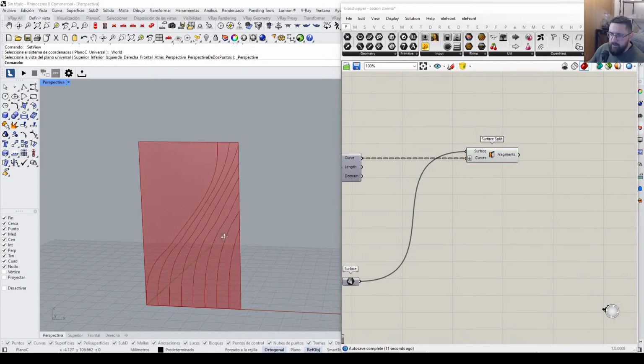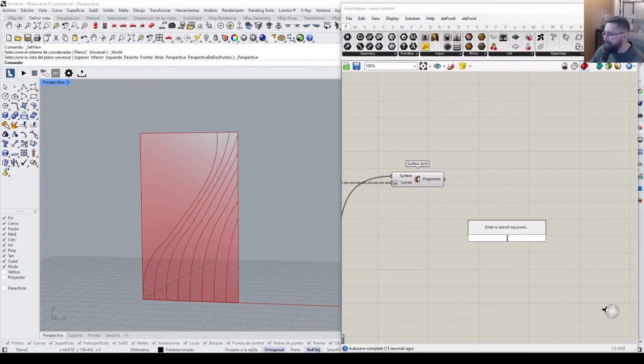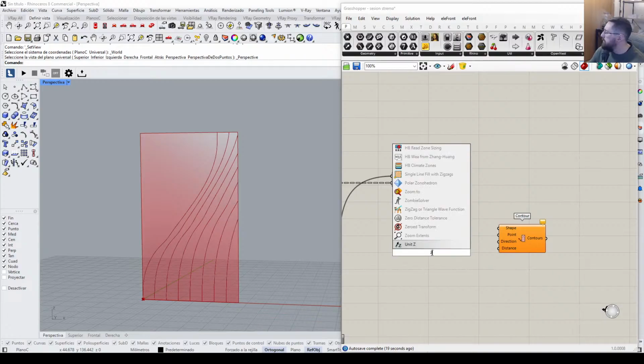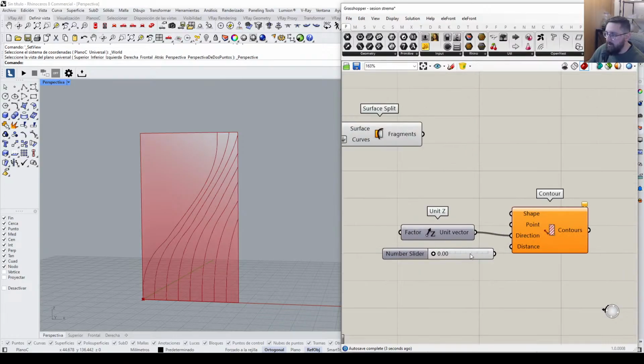Now, what was the next part? Contour. Contour in Z, where the distance is going to be the height slab difference. So I'm going to say 3.4. Bang.